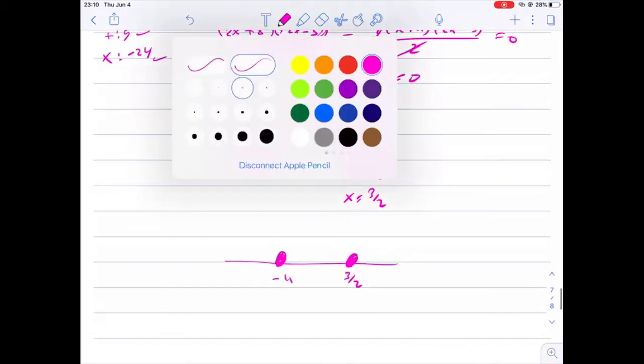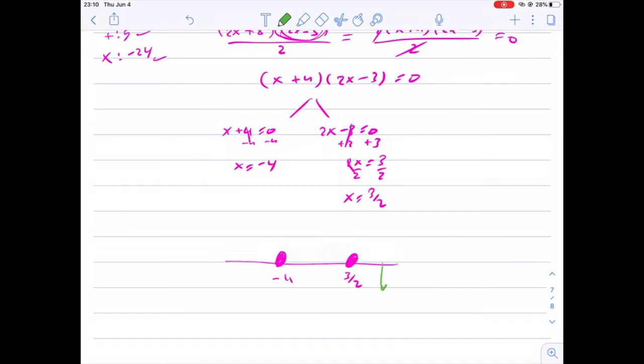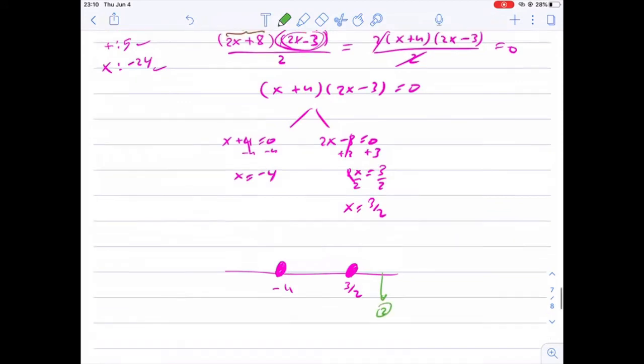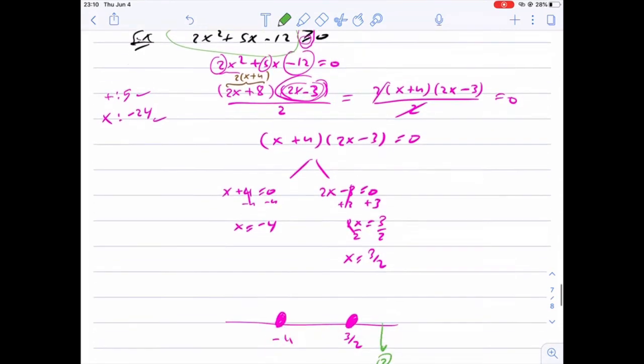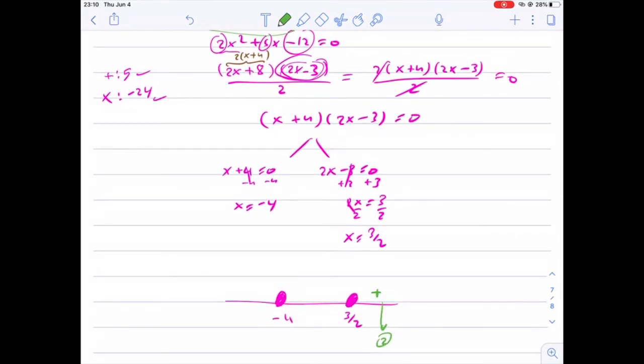And then we study the sign. We can choose a value that is greater than 3 halves. Let's choose 2. If we choose 2 and substitute it here, 2 times 2 squared, that's 8, plus 2 times 5, 10, minus 12, that's for sure greater than 0. It's positive.